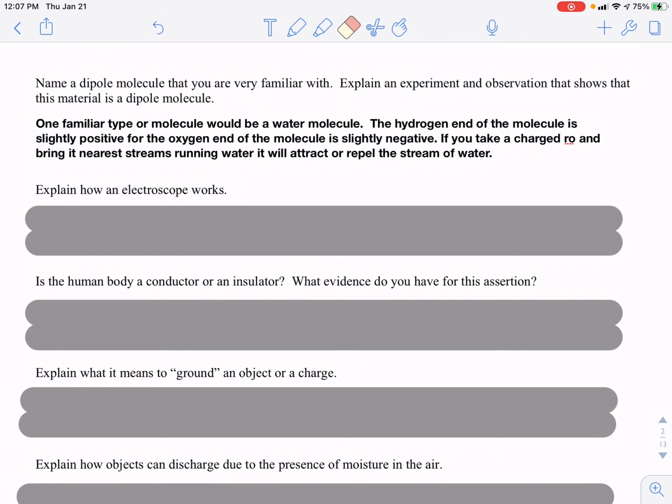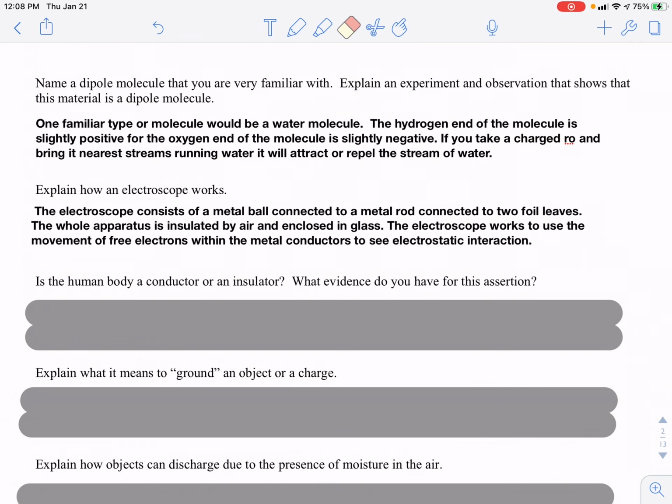First, the explanation. An electroscope consists of a metal ball connected to a metal rod, which is then connected to two metal foil leaves, usually aluminum foil or gold foil, very thin foil leaves. The whole purpose of those leaves is to be able to separate from each other.